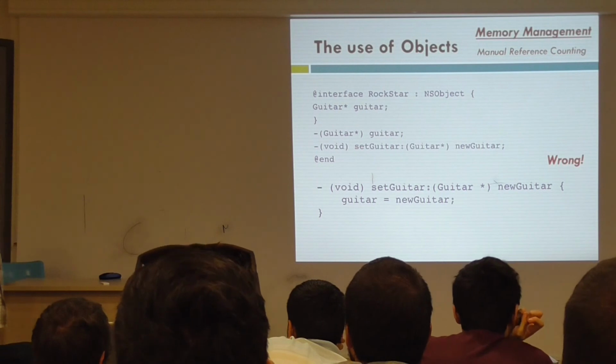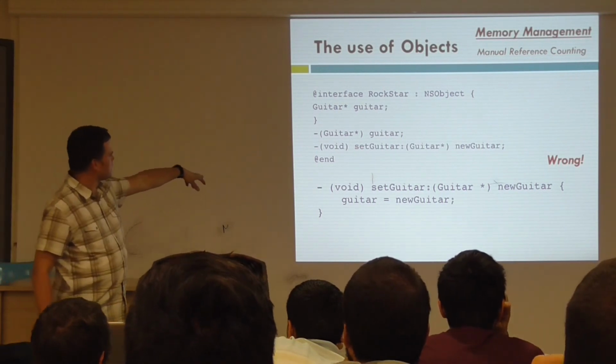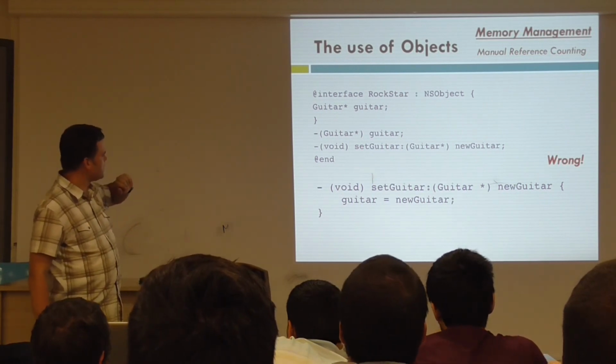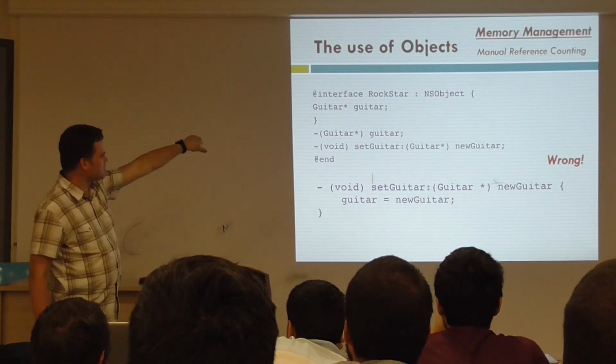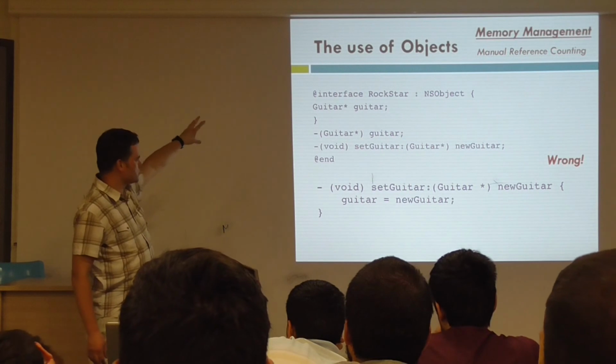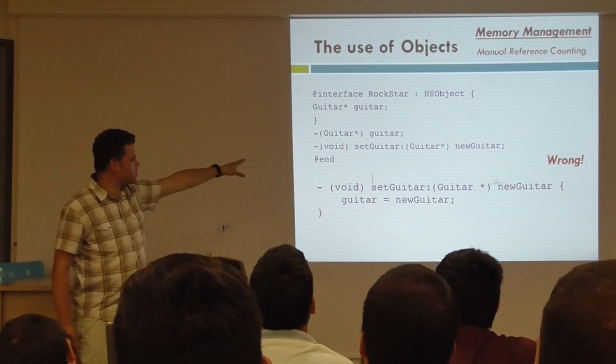Okay. Next, you can see this is another example. We have some class that inherits from an object. We have a pointer to guitar, another class, and we can set guitar.